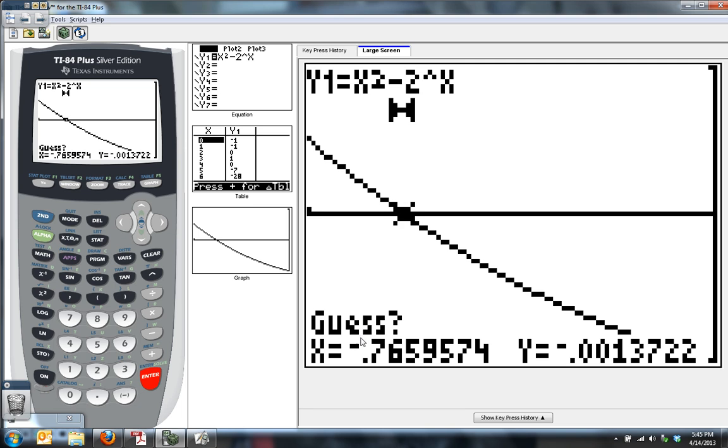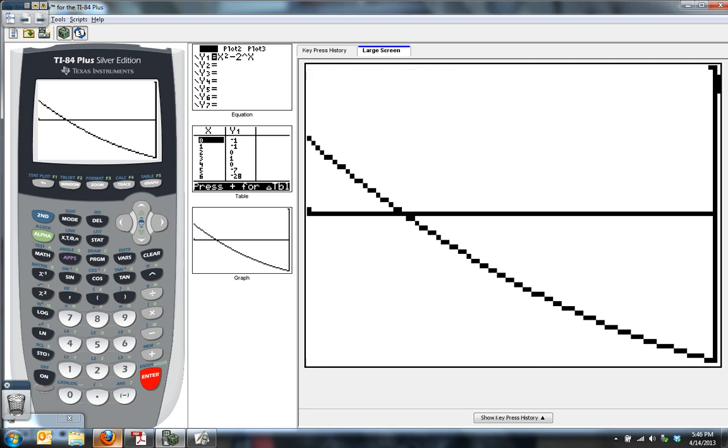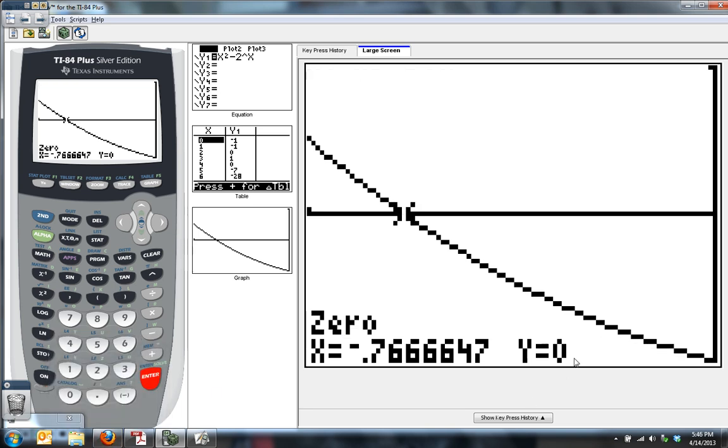It doesn't matter what you choose for a guess, so just hit enter again. And now I can see that y equals 0. That's perfect. So I'm going to say -0.766667 is a good choice, right? Or for us, 3 decimal places, -0.767.